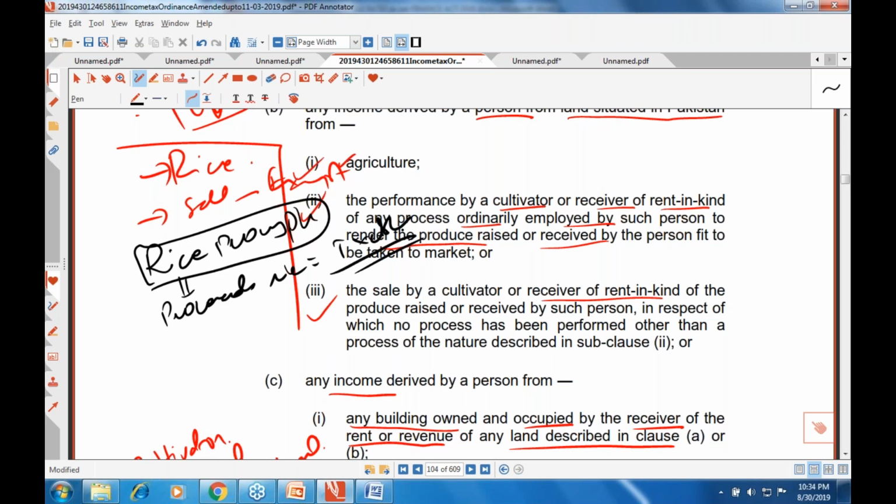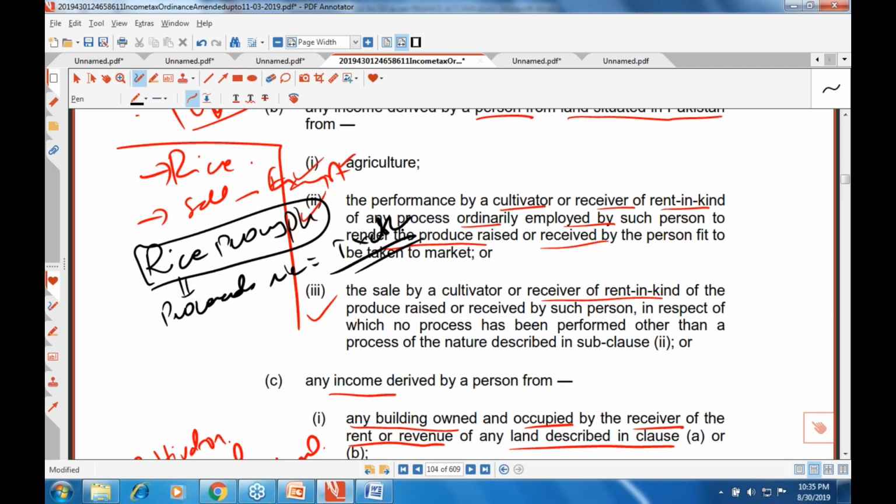I'm repeating it again. If you sell rice, that is exempt, unprocessed rice.